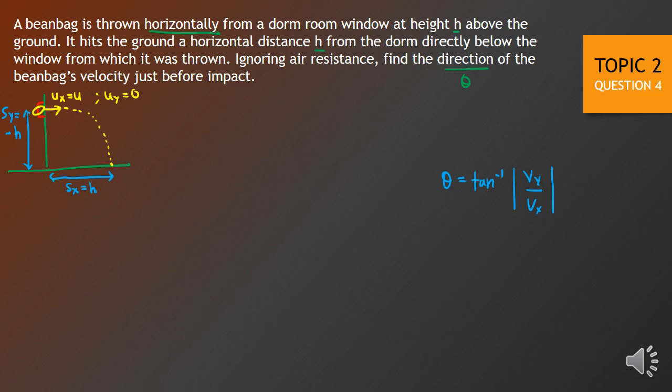What we know is that we have sy, which is negative h, and sx, which is equal to h. Our ux is equal to vx, which is equal to u, and our uy is equal to 0, because this is a horizontal projectile.